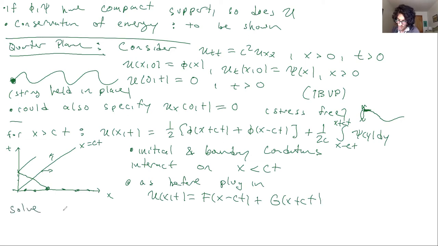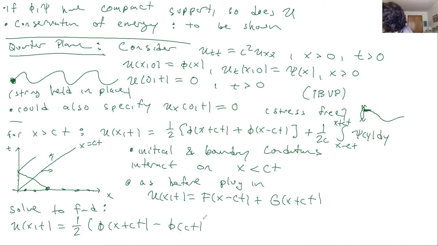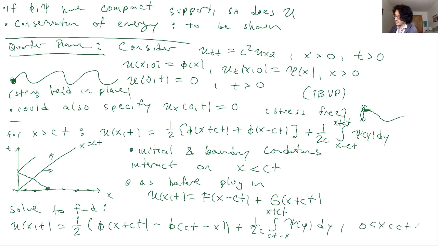We find u of x, t is equal to a half of phi of x plus ct minus phi of ct minus x, plus 1 over 2c times the integral from ct minus x to x plus ct of psi of y dy, basically on this bounded region.